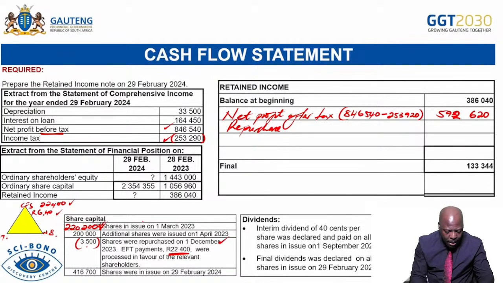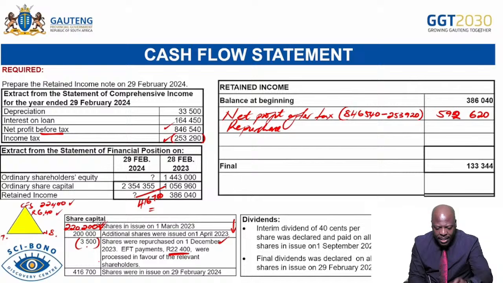And when I come now to my ordinary share capital, which is my 2,354,355, if I can take that amount and divide it by the shares at the end, which is my 416,700, that should give me the average price per share at the end. So I won't need to do it from the top. I'm just going to do it now from the bottom using my 416,700.